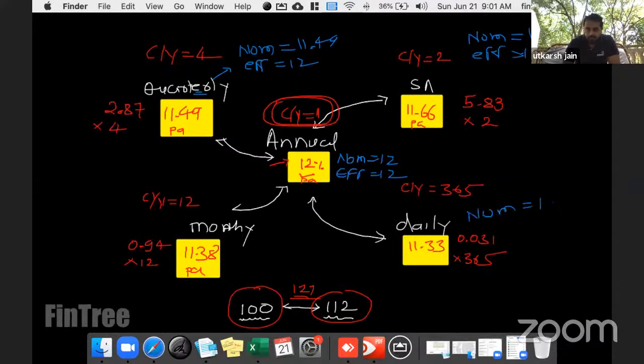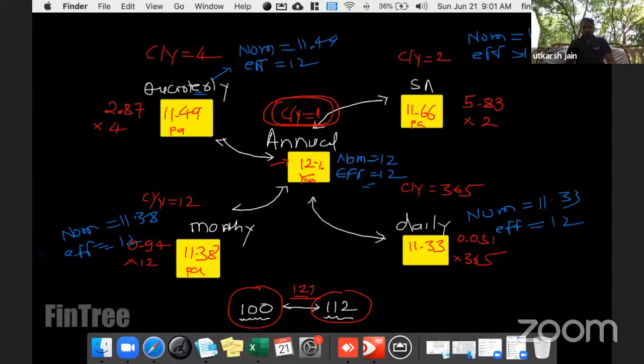My nominal is 11.33, but what is my effective? My effective is 12. All of these have a common thing. Effective rate is 12. What is my nominal here? My nominal is 11.38. What is effective? Effective is 12. Effective rate is the same for all of them because the annual rate was 12. So we just converted this rate to other frequencies.